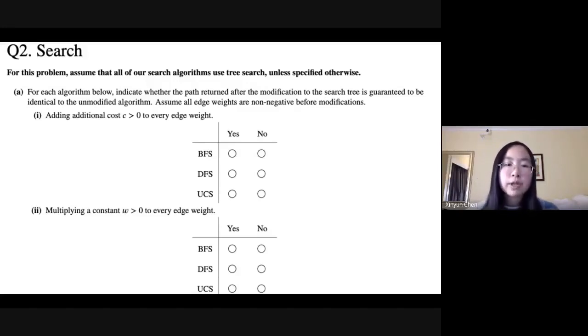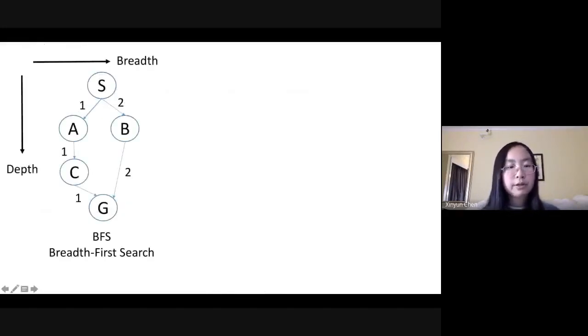So before we look at the problem statements, let me briefly summarize these search algorithms first. Take this graph as an example. BFS stands for breadth first search. So what do we mean by breadth?